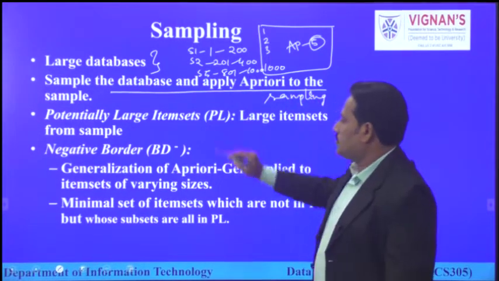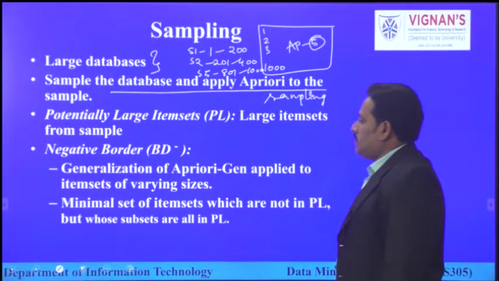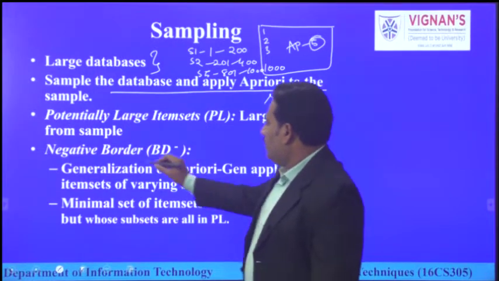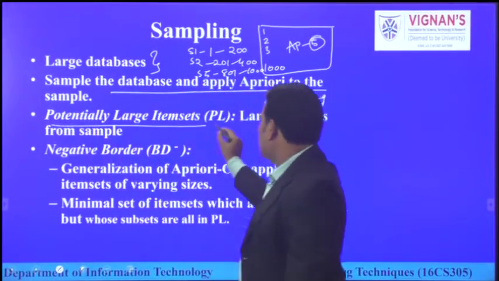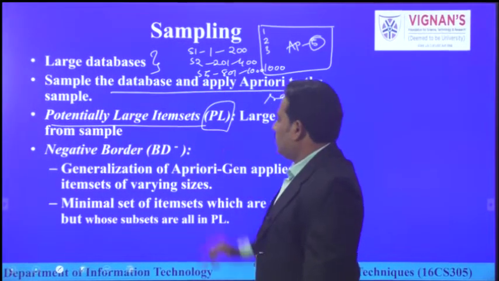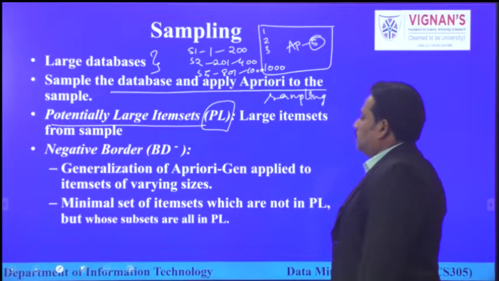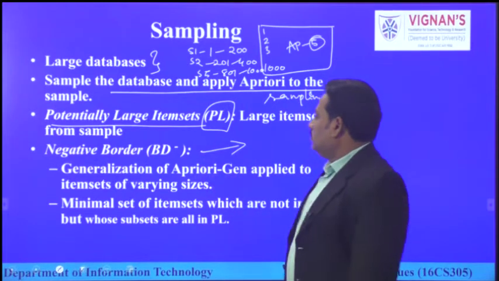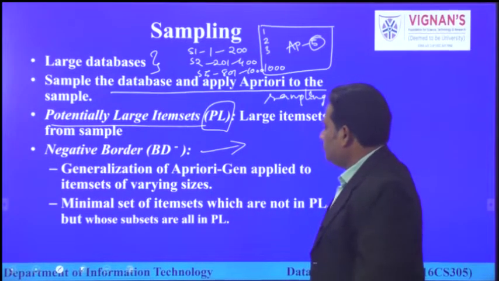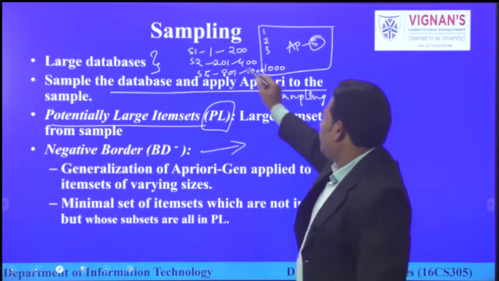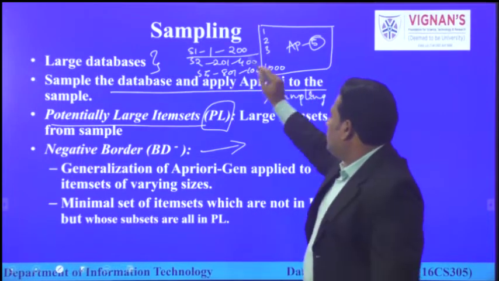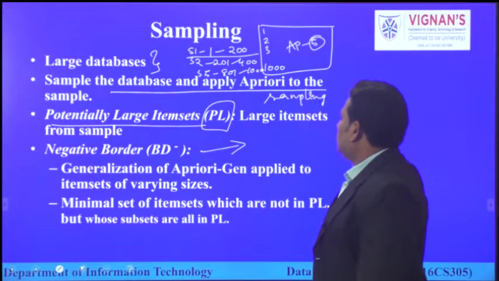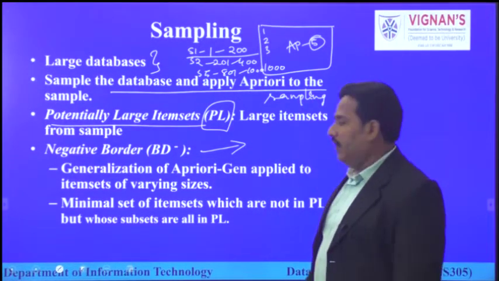Now here we'll focus on how these large item sets are going to be taken. When we have potentially large item sets, the notation here is PL. When we have potentially large item sets, generate one sampling border. That sampling border means separation of the elements. Here we created a sample for every 200 elements.